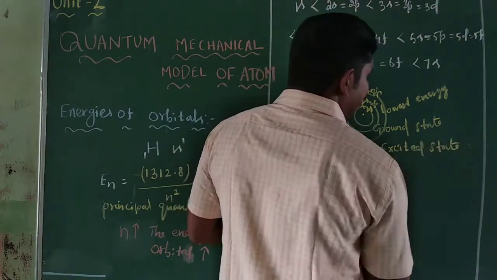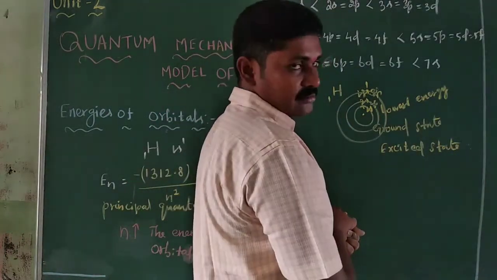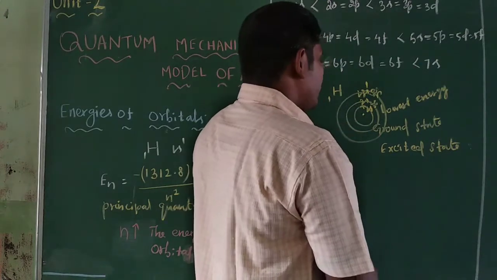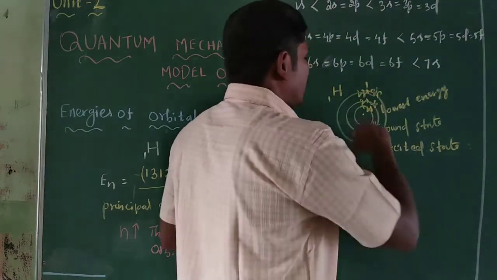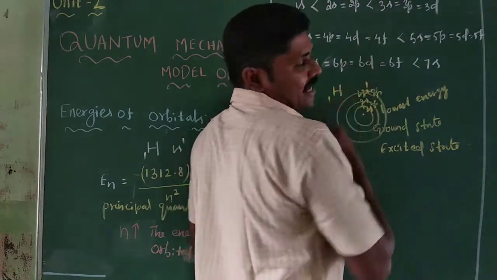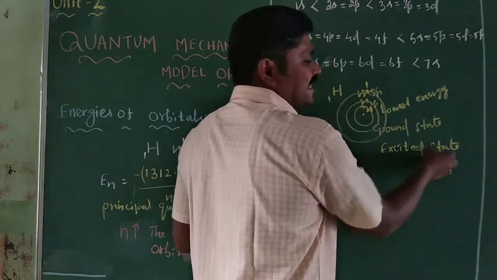The ground state is 1s1. When the electron absorbs some energy, it transfers from lower energy to higher energy. The higher energy state is called the excited state.